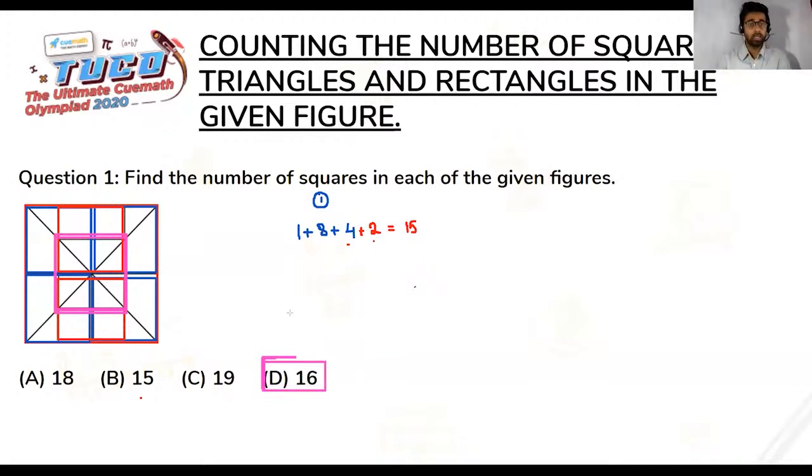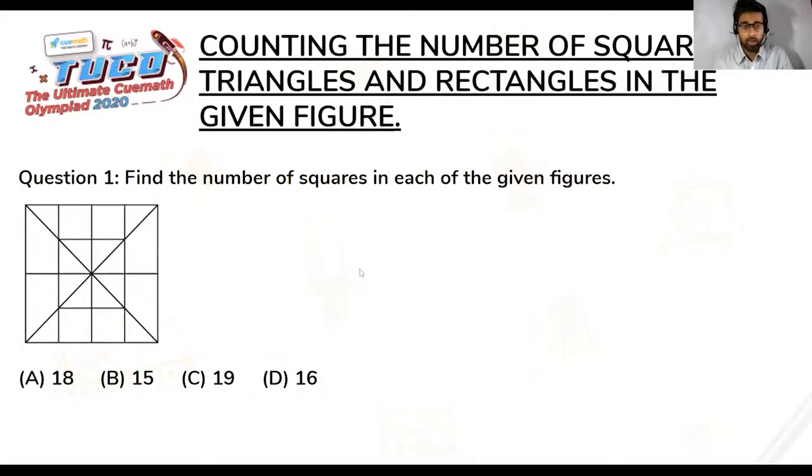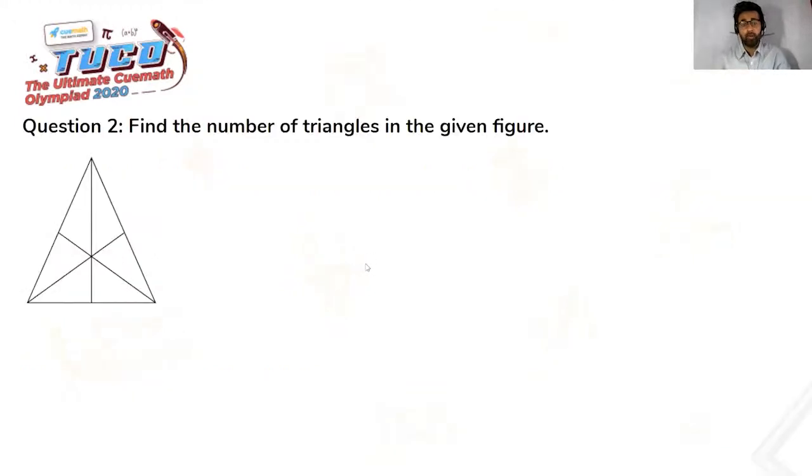So what we did here is that we looked into the figure as a whole, and then we tried to find out the number of squares present inside of the figure only. If we do that, and if you're careful with that, we'll be able to figure out how many squares are actually there. I hope you got this one, because we'll take up one more question now.